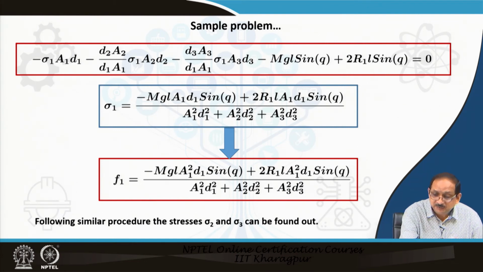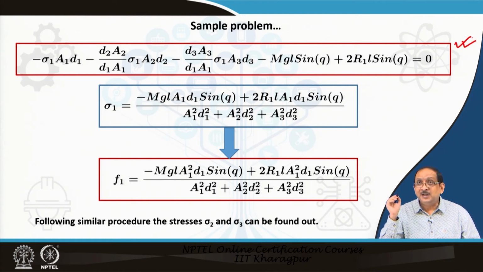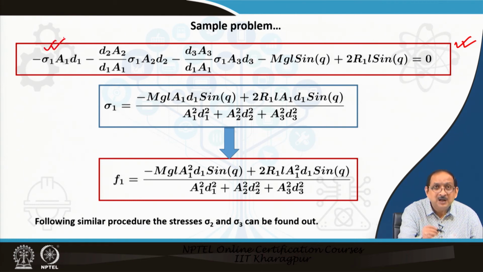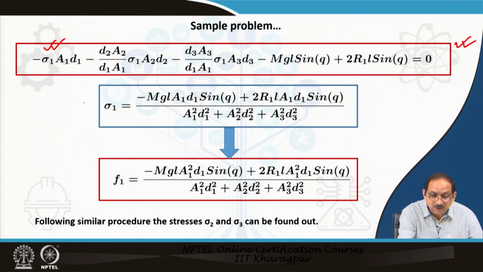So, we have substituted sigma 2 and sigma 3 in terms of sigma 1 in the equation as indicated in the earlier slide. So, we have only one unknown, sigma 1, in the equation and we can solve for sigma 1.